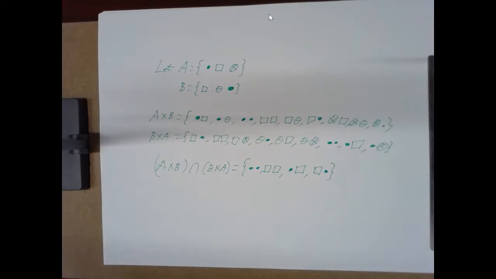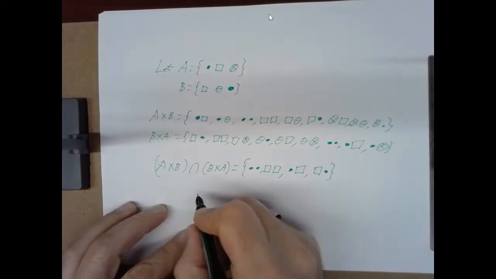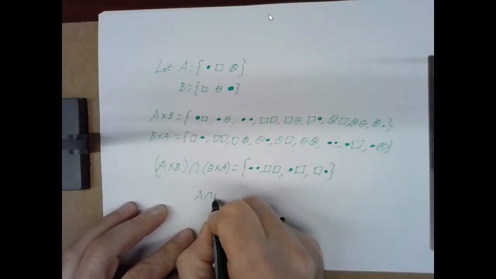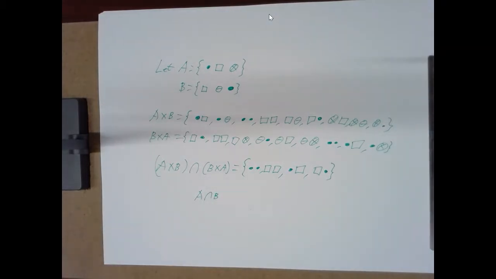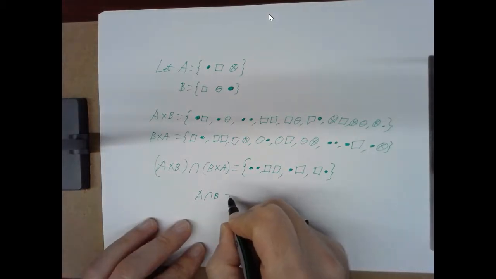And if there's a symbol that's in both A and B, that could be the first element of a tuple, right? Because it'll be in a tuple from A cross B, because it's the first element of A, and it'll be in a tuple for B cross A, because it's the first element in B. So it's got something to do with the intersection of A and B. Well, what is the intersection of A and B?